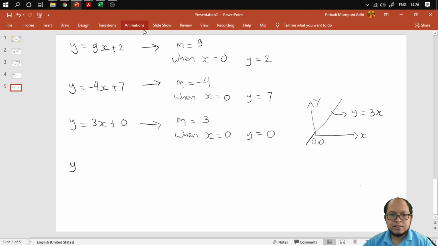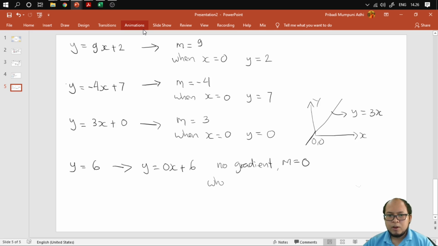And the next one, y equals 6. This is the same as y equals 0x plus 6. So no gradient, or m equals 0.